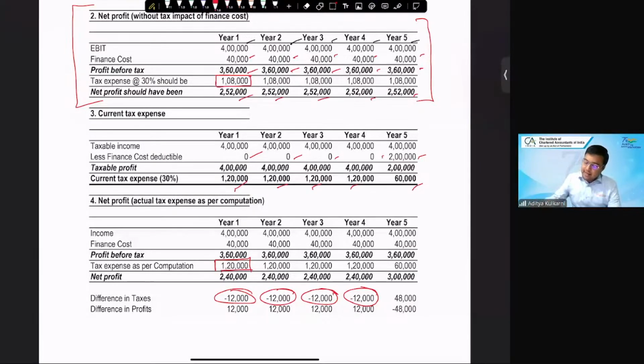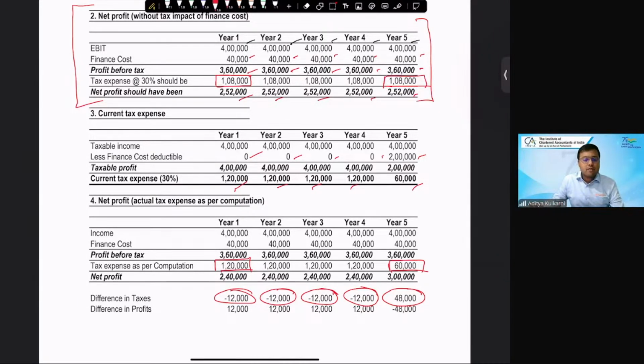And suddenly in the 5th year, we are paying 48,000 less. But tell me one thing, is it really something that we are paying more today and less in the future? Or is it something that I am prepaying today to save in the future?